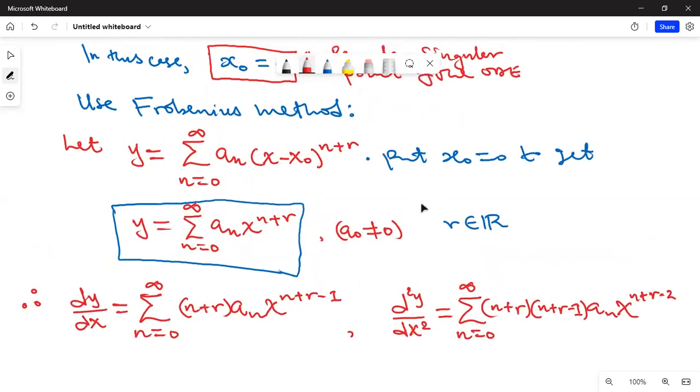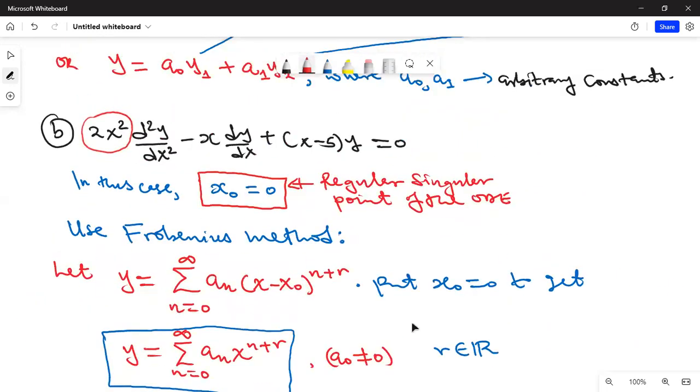Now, let's substitute them into the ODE because this is a solution of the ODE, so it must satisfy the ODE.